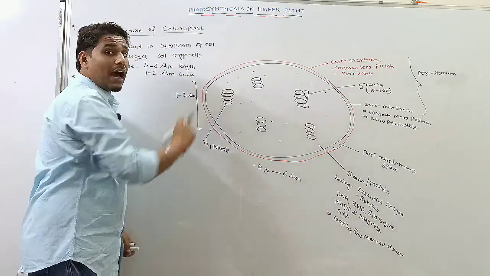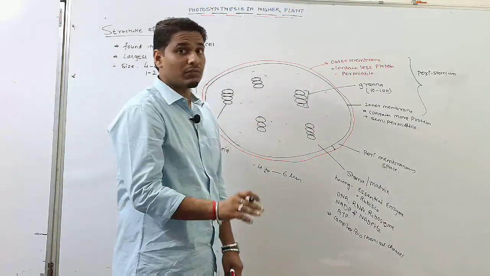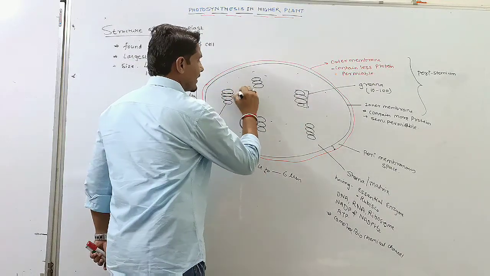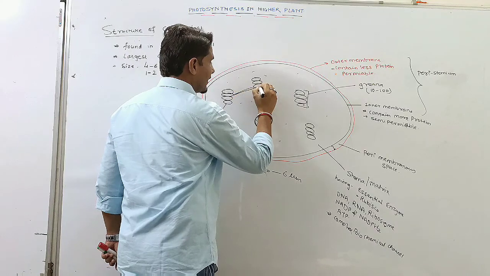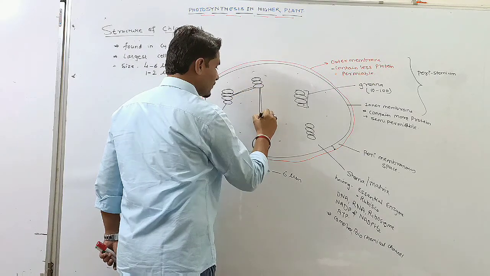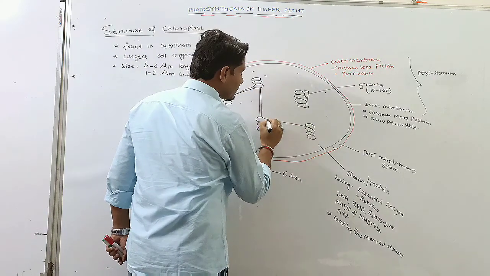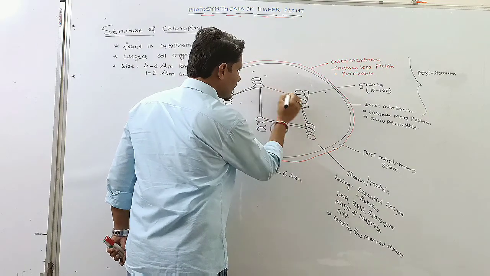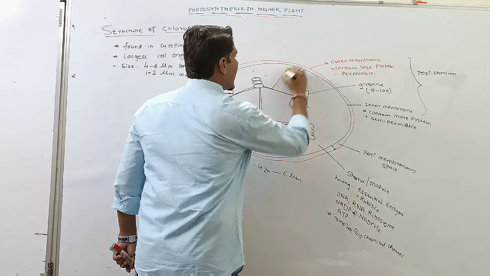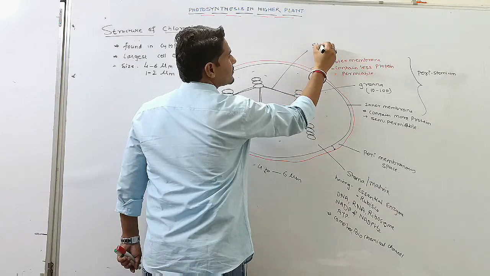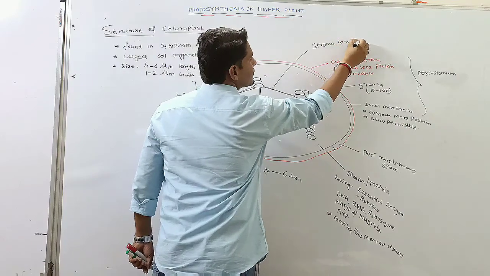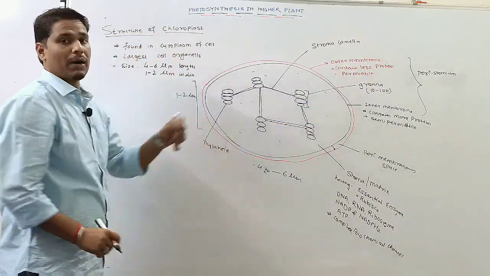Okay, so grana are not free floating in the stroma. They are interconnected to each other by stroma lamellae. Okay, stroma lamellae.